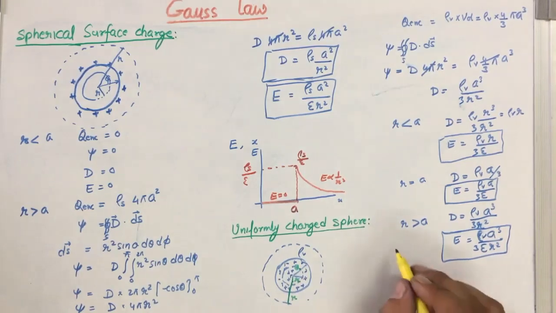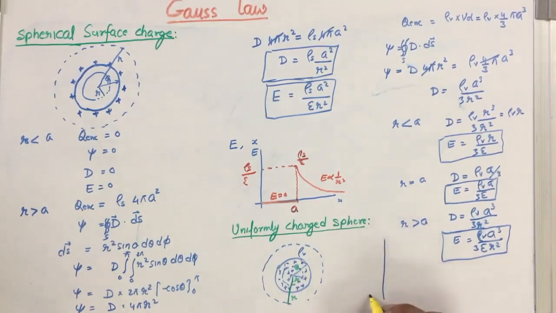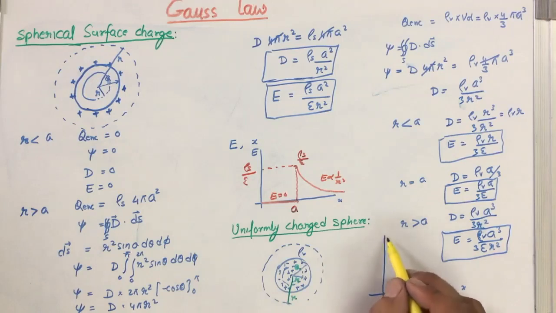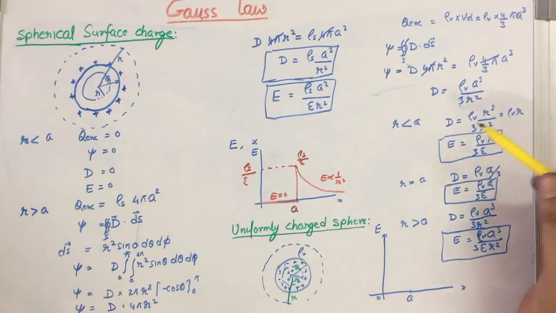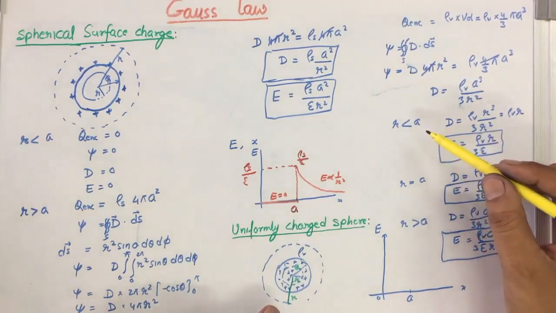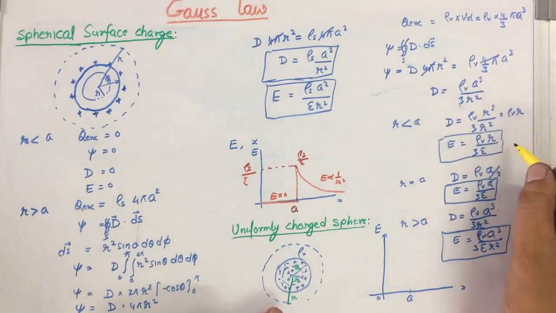Let us try to plot it. Again, this is our position from the center of the spherical charged body. Here it is E. From the center of the sphere to the radius of the sphere, when r is less than A, it is varying proportional to r.